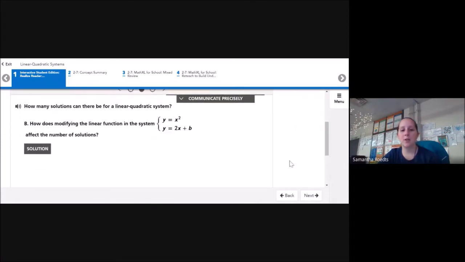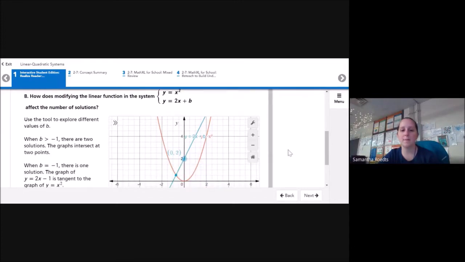How many solutions can there be for a linear quadratic system? How does modifying the linear function in the system y equals x squared, y equals 2x plus b affect the number of solutions? So I can use the tool to explore different values of b.